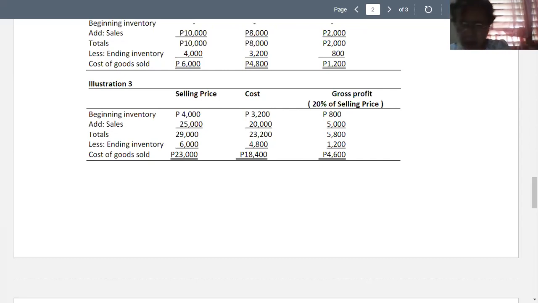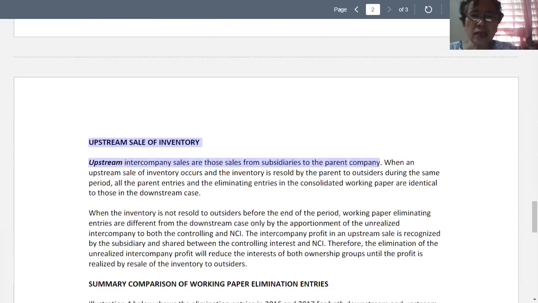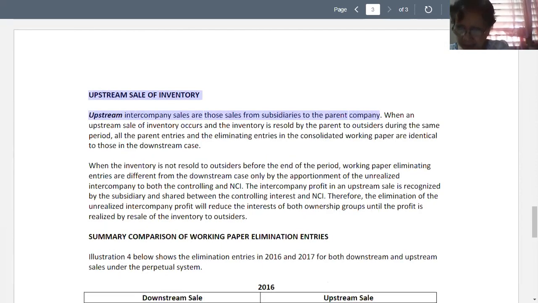Okay, now we go to the upstream sale of inventory. Upstream is the reverse of downstream. In upstream sale of inventory, those are sales from subsidiaries to the parent.